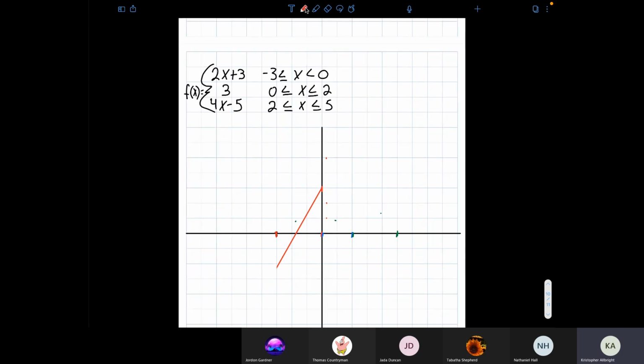Now we move on to the next one, which I did in blue. So we say, okay, this one is 3. So 1, 2, 3. So there we go. As long as it's in our section, we're good. So now we do 4x minus 5. So we graph this one in green. And I'm just graphing this just to make it clear for you guys. You can graph them each the same color and just erase when you're done. And that's fine. So we do minus 5. 1, 2, 3, 4, 5.